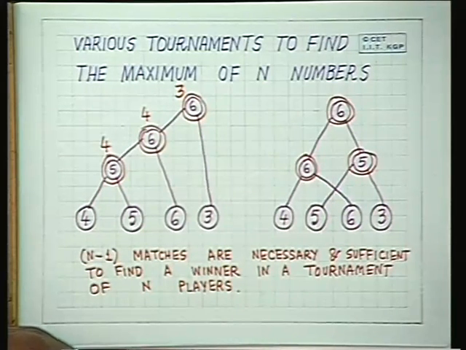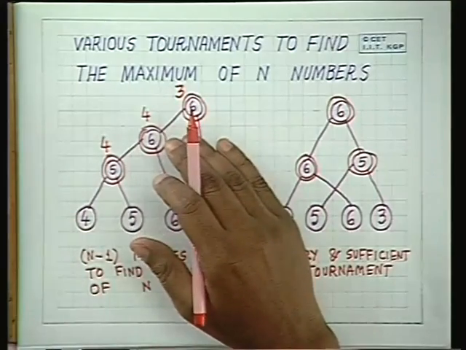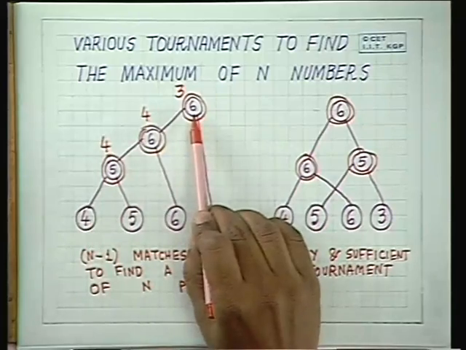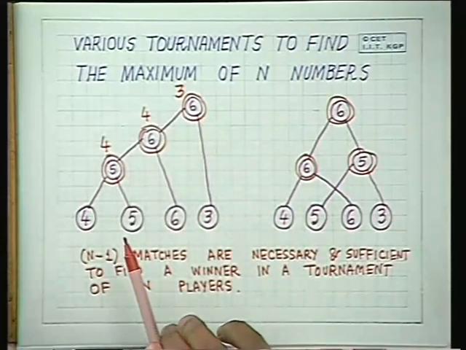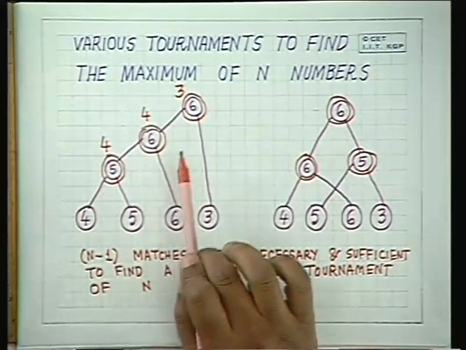The question is, when finding the maximum, can you have some other way to find out the minimum? Can you give a deeper thought into the problem in which you can obtain a solution to find out the minimum? Look, the maximum is that person who has won everything. The minimum is that person who will lose everything.